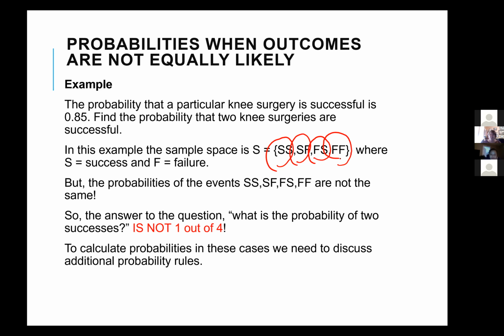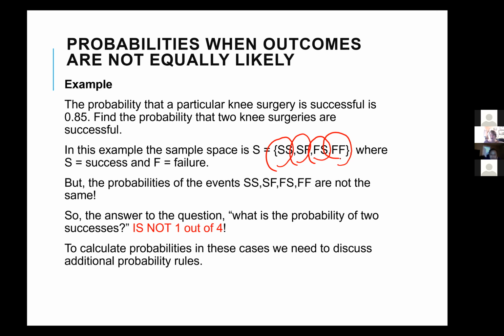However, the probability of getting 2 successes, or a success and a failure, or a failure and a success, or a failure and a failure, those 4 probabilities are not the same, because a success or a failure are not equally likely. It's more likely that your surgery is going to be a success.